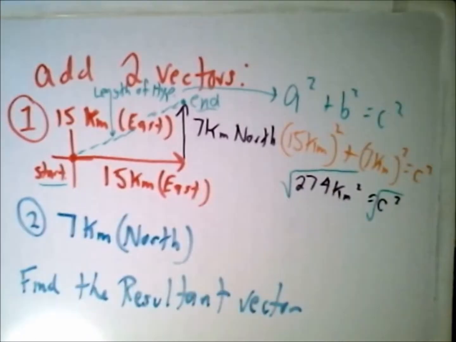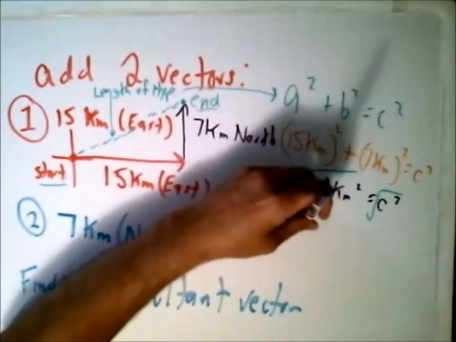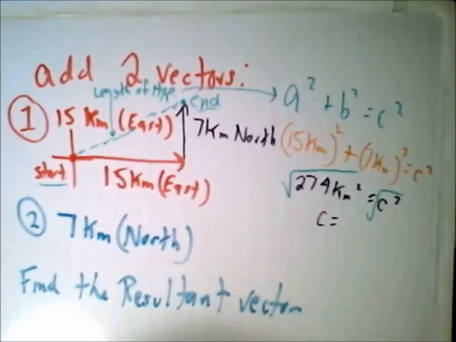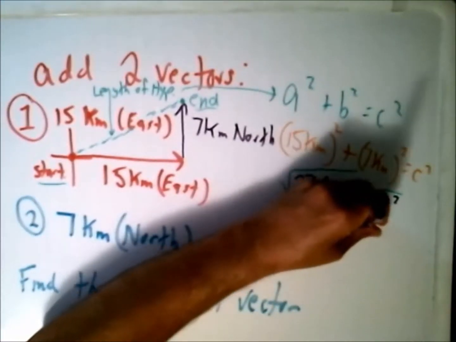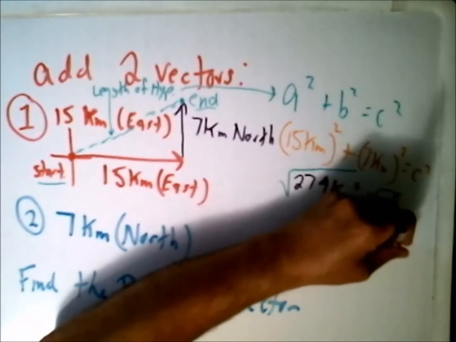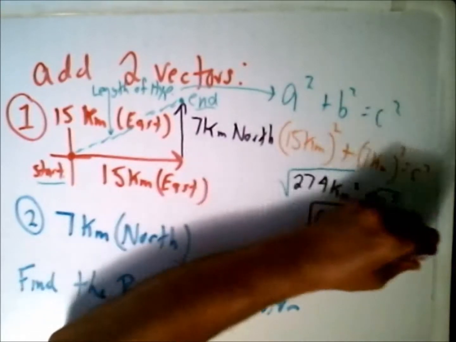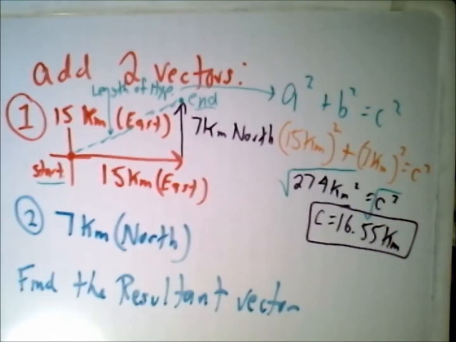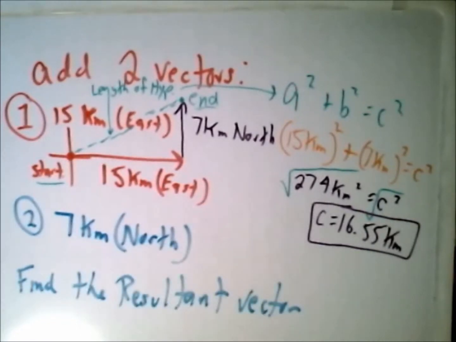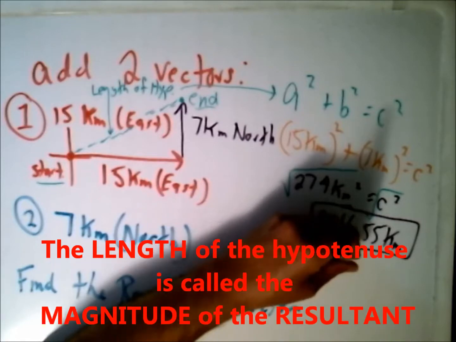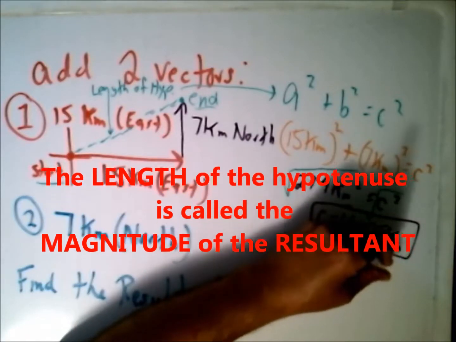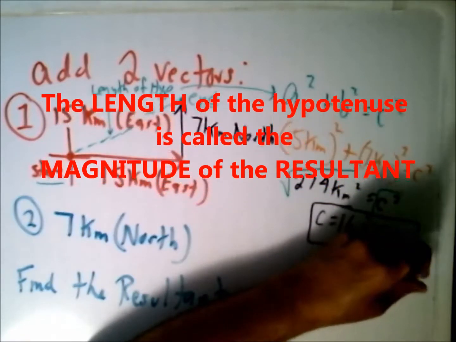And when I do that, it comes out that c is equal to 16.55 kilometers. Okay. So that right there is called the magnitude of the resultant.